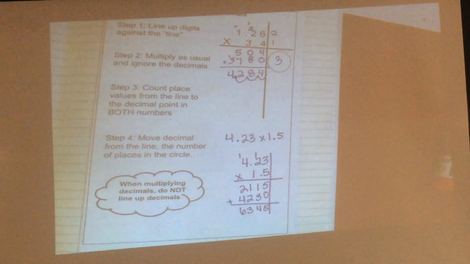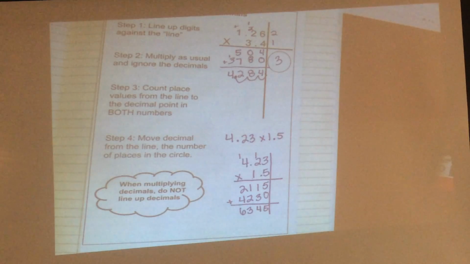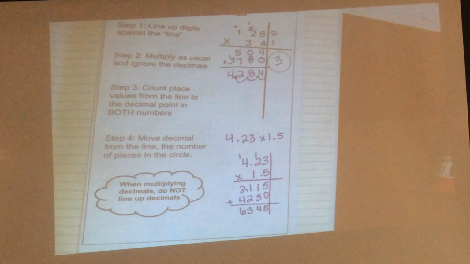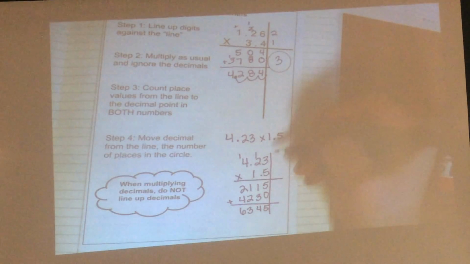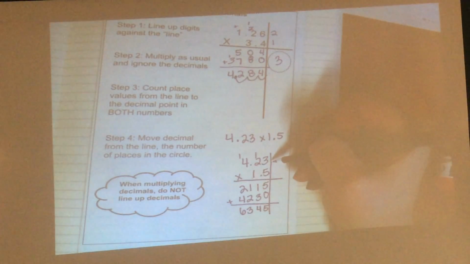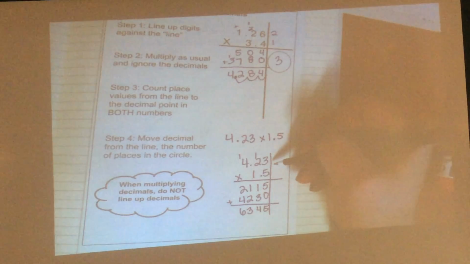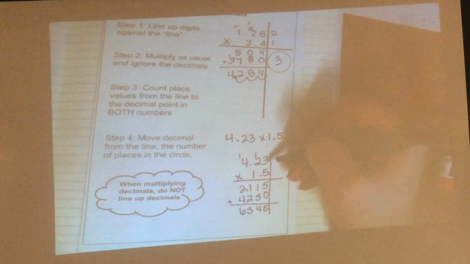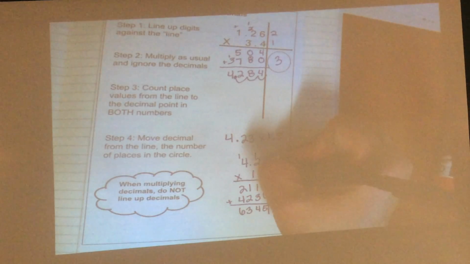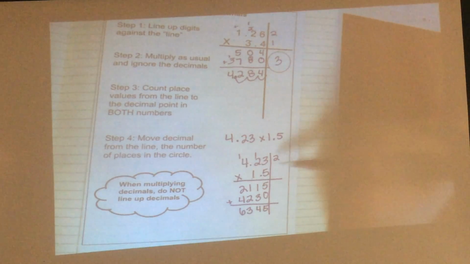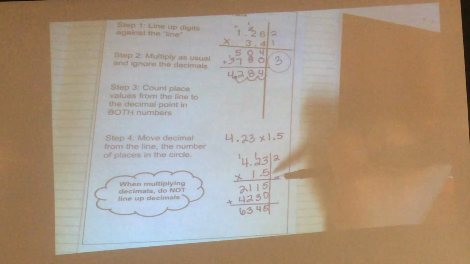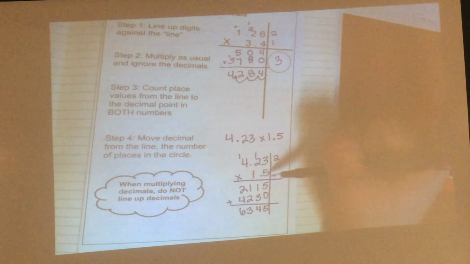So now step 3 says count the place values from the line to the decimal point in both numbers. So I'm starting at my line. How many numbers am I jumping over to get to my decimal point? 1, 2, decimal. Okay? Putting a 2 there. From my line, how many numbers am I jumping over to my decimal point here? 1.